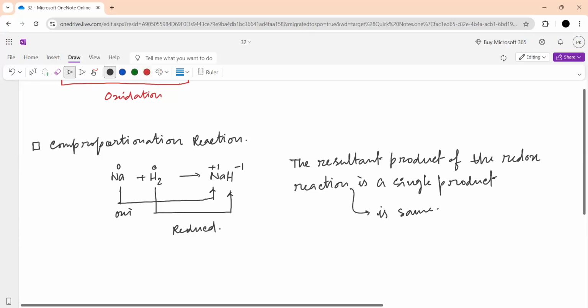See, here through the oxidation pathway it is reaching NaH, and through the reduction pathway it is also reaching NaH. Fine? So when oxidation and reduction both give the same product, that is a comproportionation reaction.